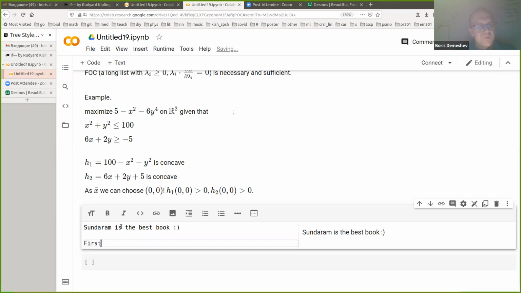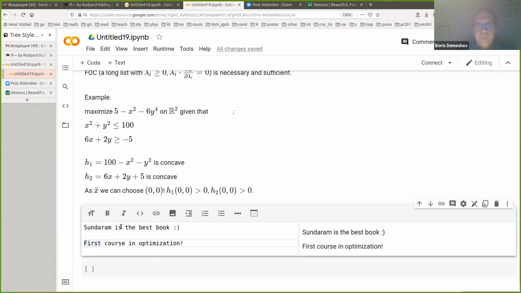It's A First Course in Optimization. It's very well written. There are some misprints, but in any book you may find misprints. Sundaram, A First Course in Optimization.